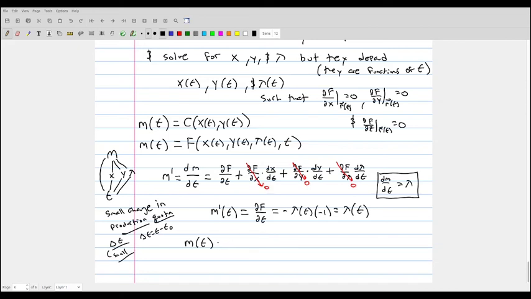then m of t is approximately equal to the minimum value at t naught plus the derivative m prime at t naught times delta t. This is our linearization approximation for a single variable function. And what we've just shown is that this is the same thing as m of t naught plus lambda of t naught times delta t.